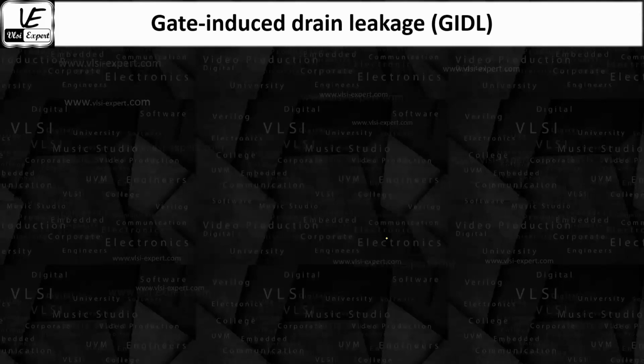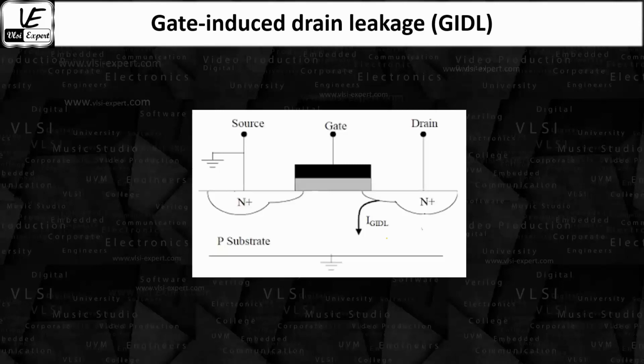Next we have the gate induced drain leakage. This is the gate region, and it is overlapping the source and drain regions. When the source is grounded and we apply some positive voltage at the drain region, this GIDL, or tunneling-based leakage current, flows, because of the application of strong vertical and longitudinal fields in this region.